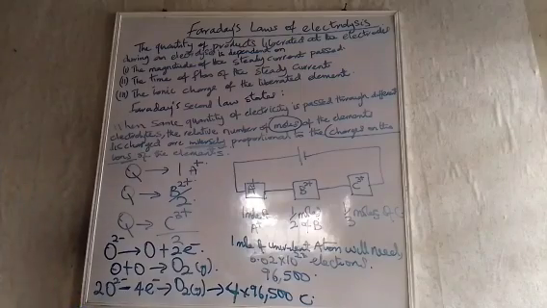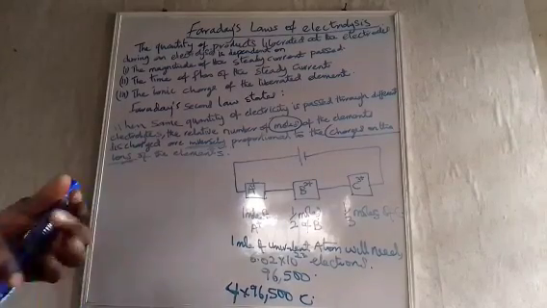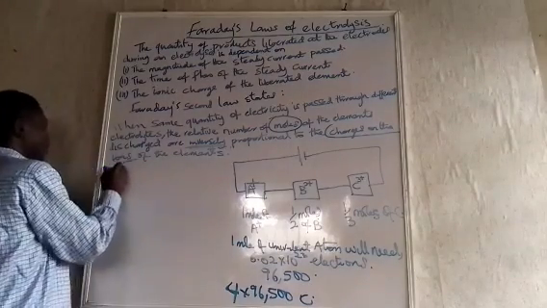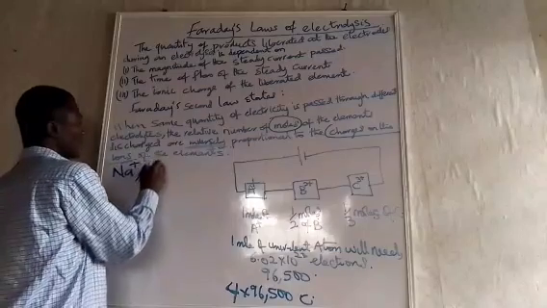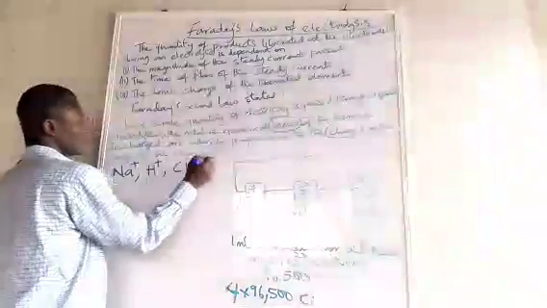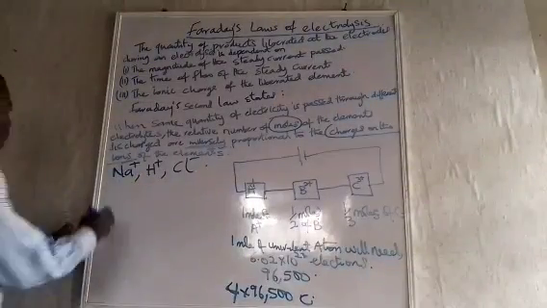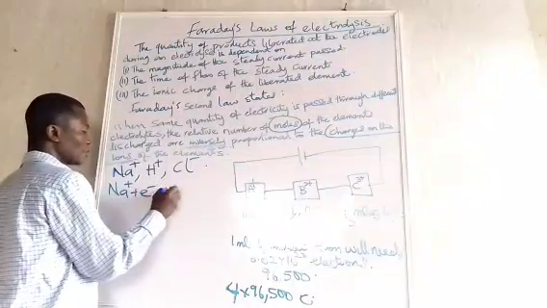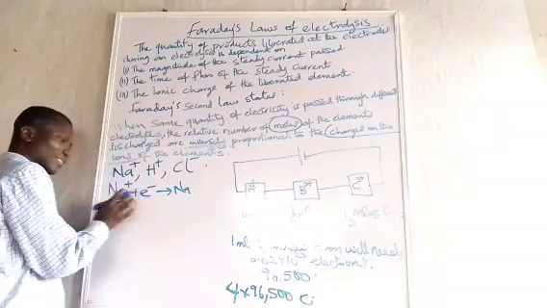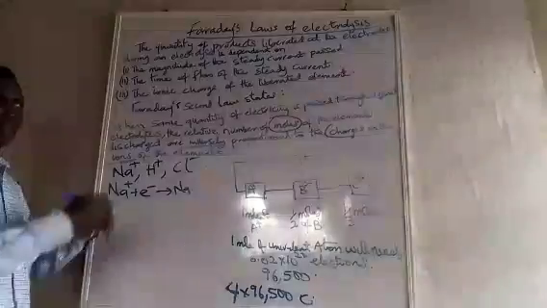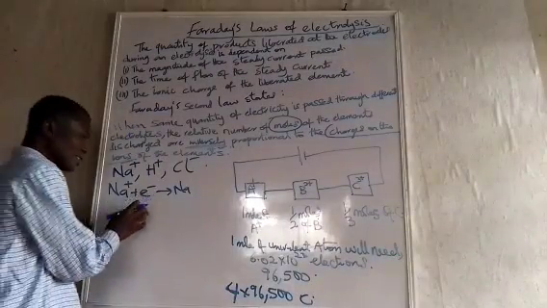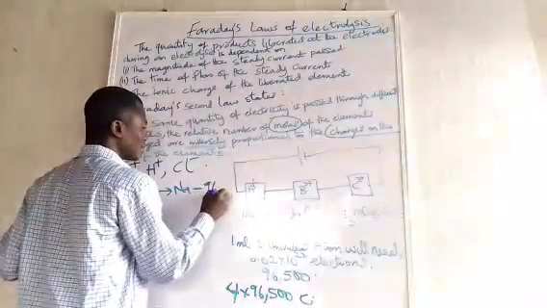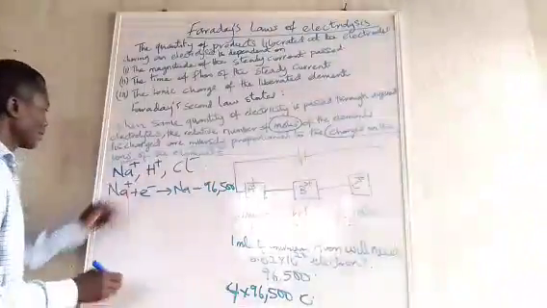Now, look at this one. Let's say you have sodium plus chlorine. For this one, I will need to give me Na. So if this is the only one in the reaction, I will just need 96500. Let's look at this one now.